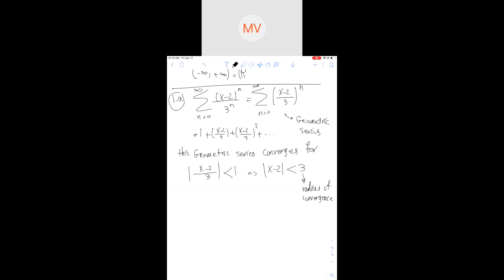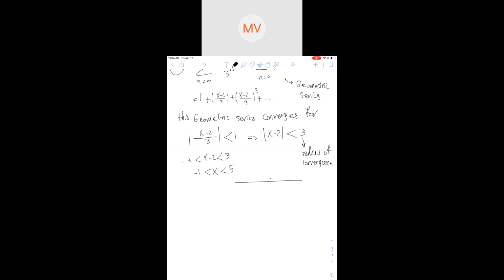But the interval is x minus 2 less than 3, bigger than negative 3, add 2, is 5 and negative 1. Which makes sense, right? Center is 2. And then move 3 units to each side. 3 down, you get negative 1. 3 up, you get 5.